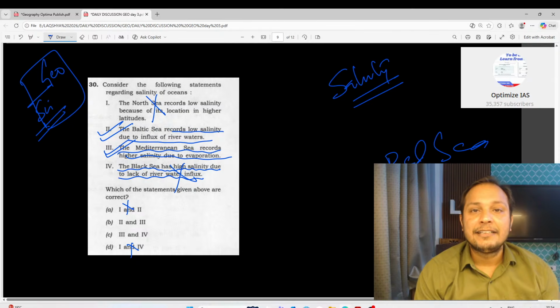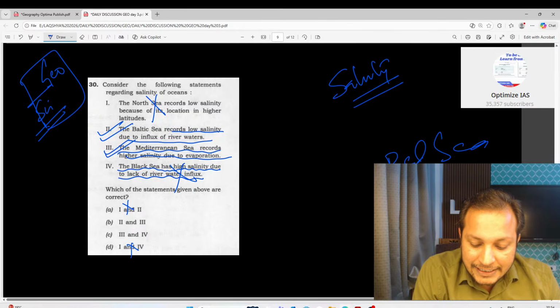See, I am reading from the NCERT. The salinity in the Pacific Ocean is mainly due to its shape and large areal extent. The salinity decreases on the western part of the northern hemisphere because of influx of melted water from the Arctic region. In the same way, in the south, it decreases again.